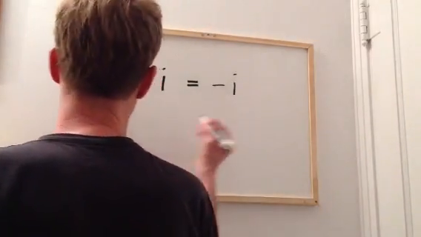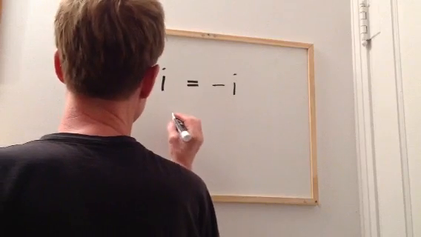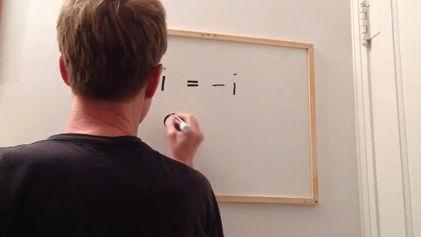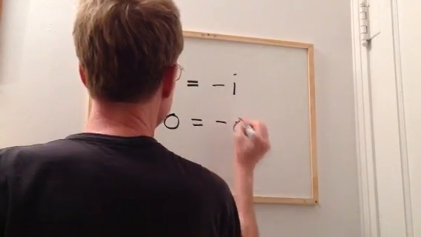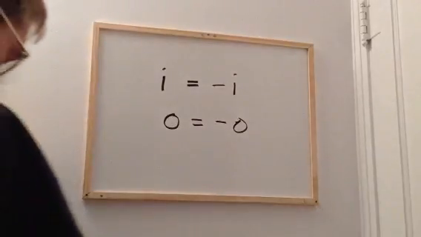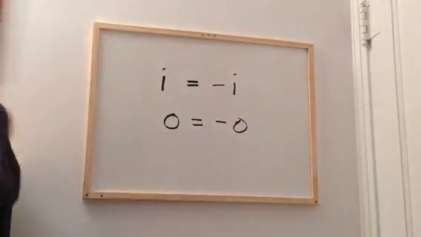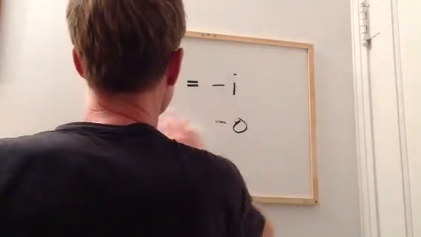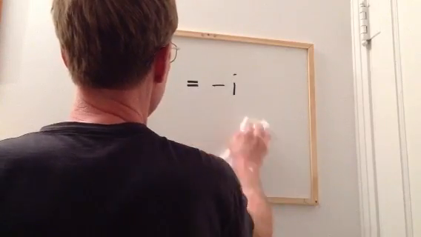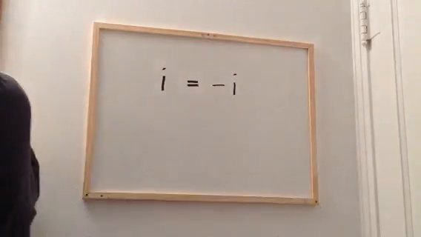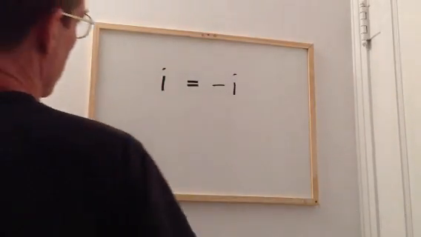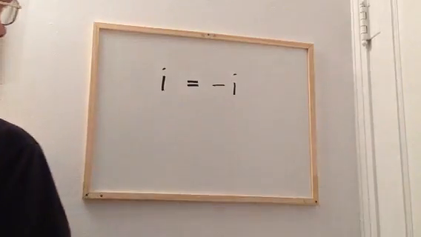You might talk about the rational number 0. Does 0 equal -0? Well, yes. 0 does equal -0. And there might be some other kinds of numbers that are also equal to their own negatives. The question is, is i one of those?